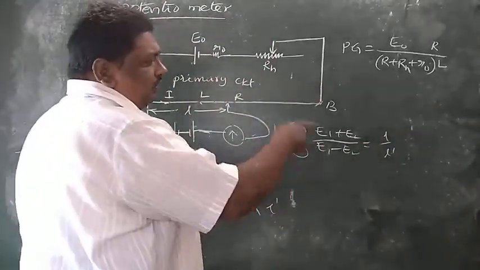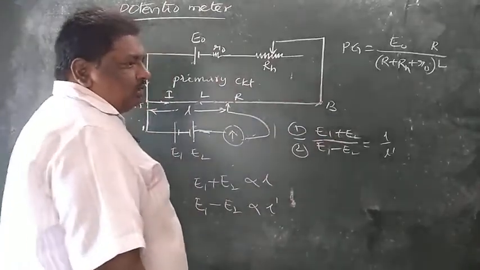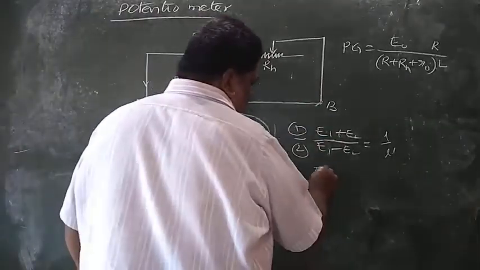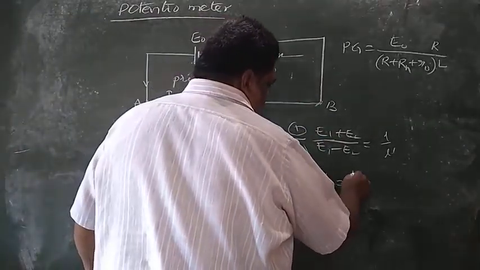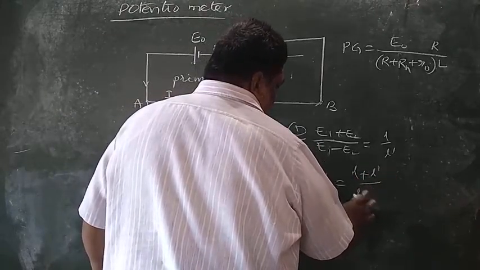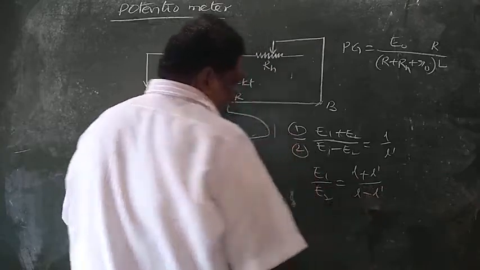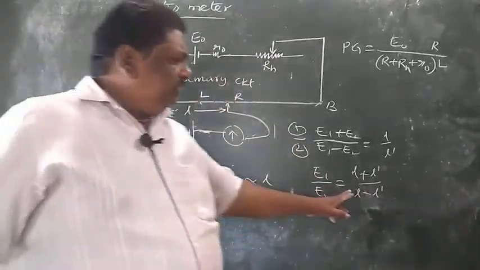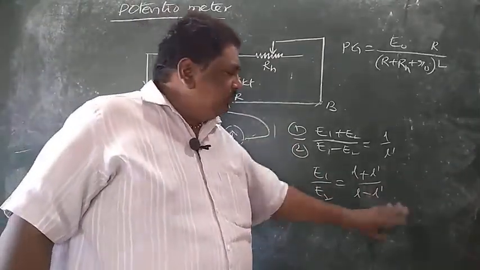Taking componendo and dividendo, E1 by E2 is equal to L plus L dash by L minus L dash, that is, higher minus lower, simply the difference.